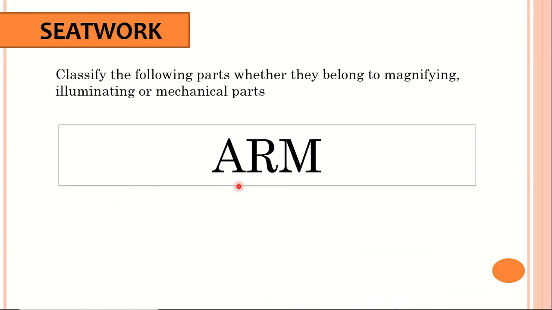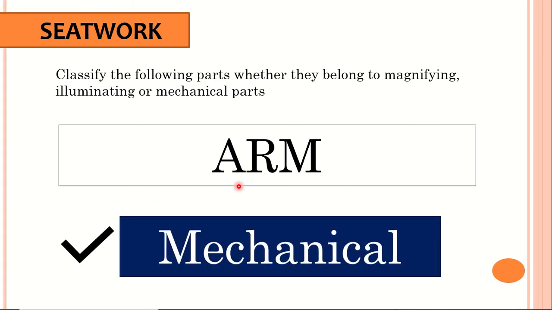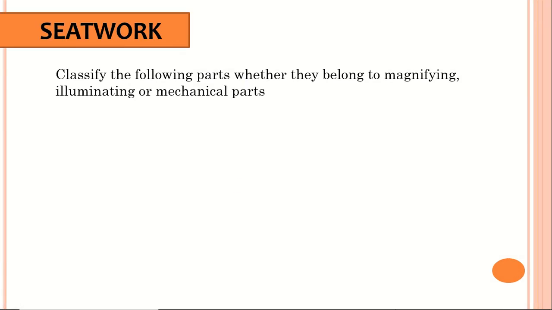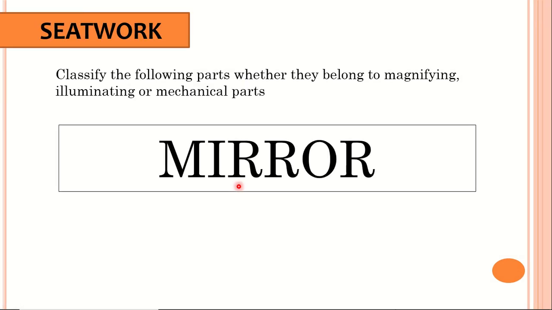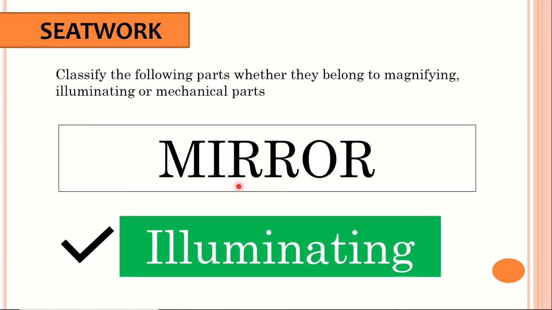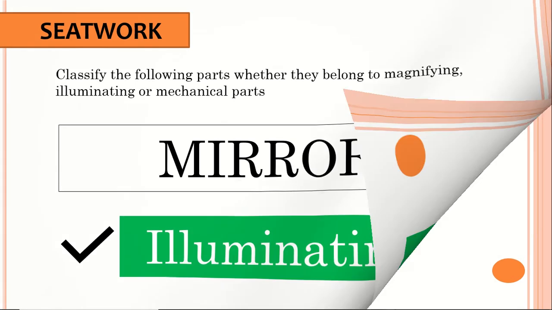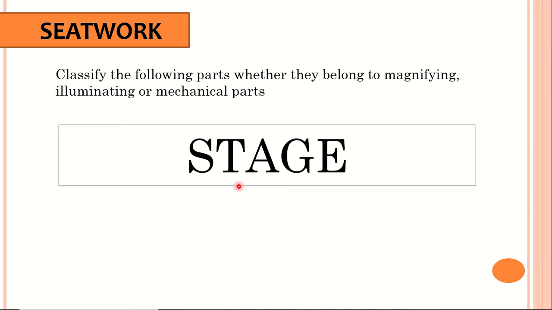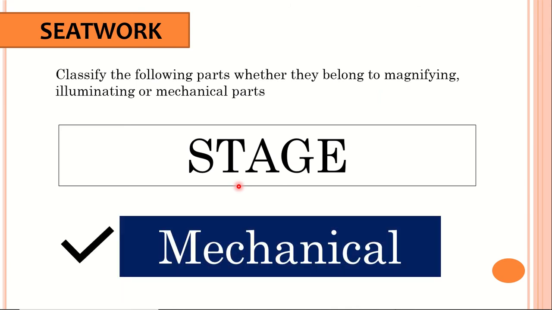What is your answer? Very good. The answer is mechanical. Next, mirror. What is your answer? Very good. The answer is illuminating. Next, stage. What is your answer? Very good. The answer is mechanical.